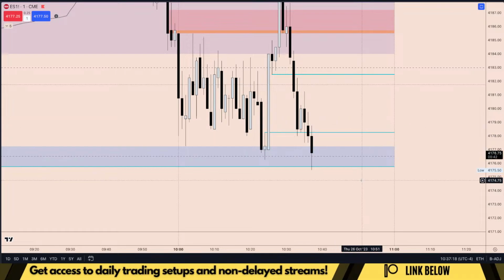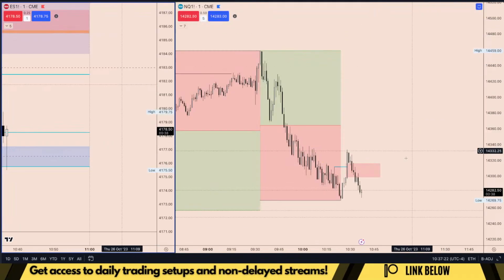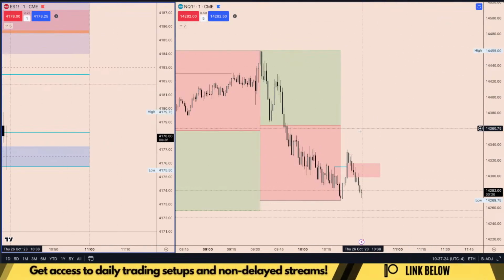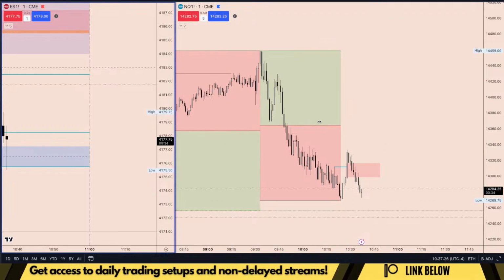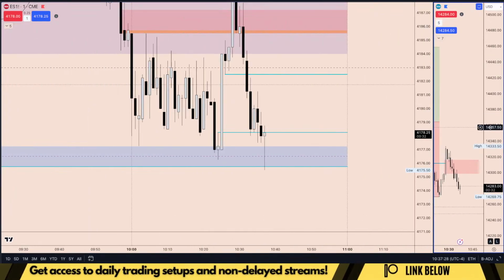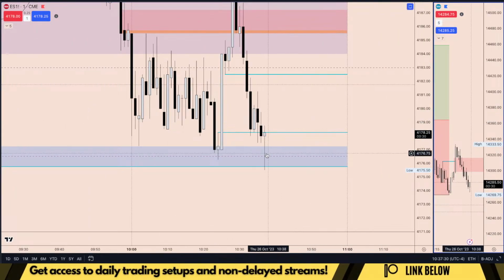Took the 830 low here on ES. And let's check out in Q if we also made a lower low. No, we did not. We will keep an eye on that, if we're going to make a lower low. Because once we cleared that low, we immediately push back inside of our range.